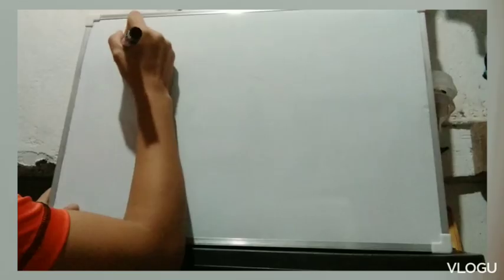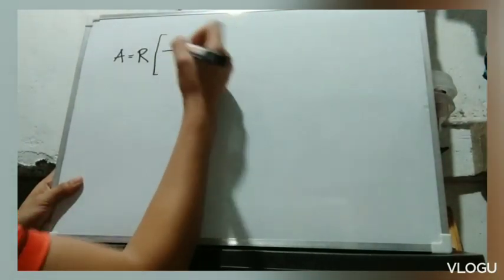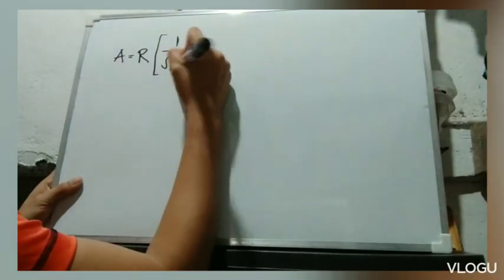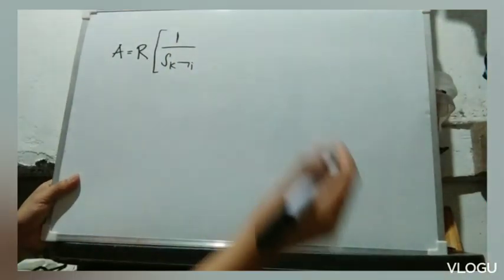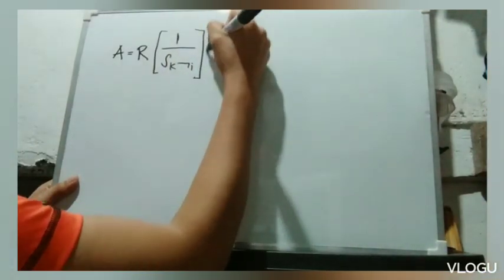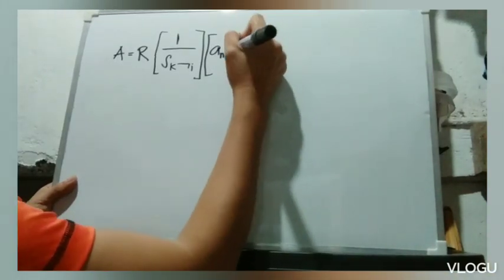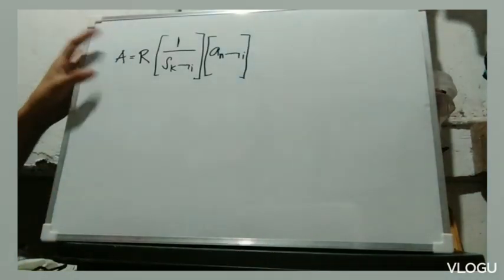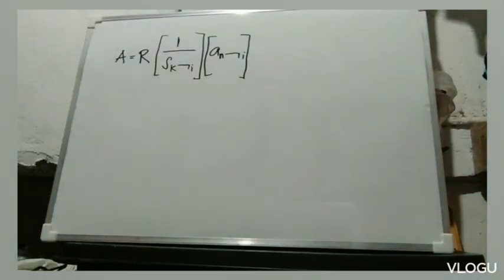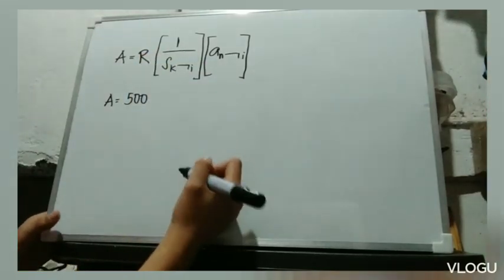So the formula that we are going to use is A is equal to R bracket 1 over s angle K at I bracket a angle N at I. So let's substitute.